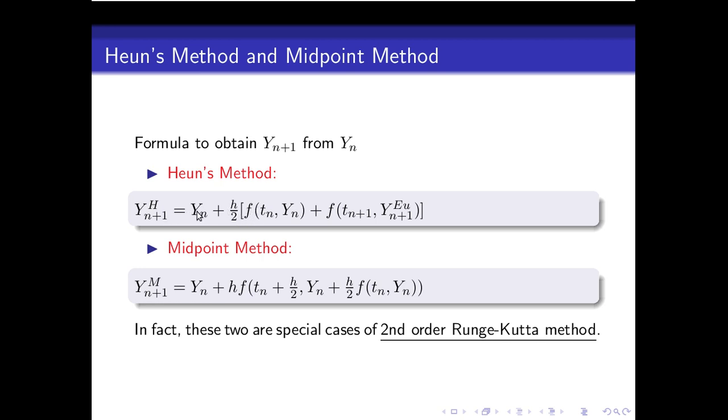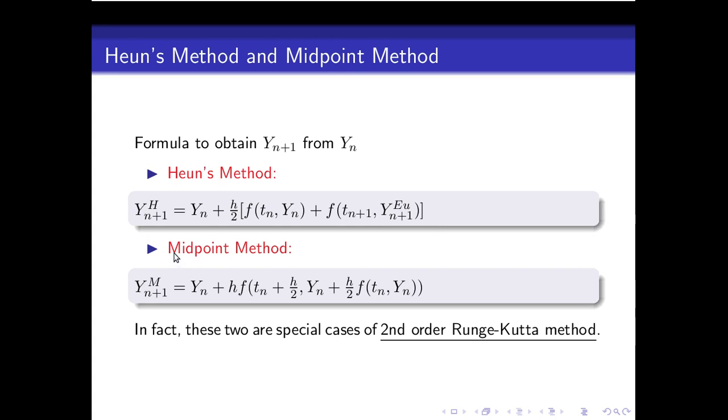So this yn plus 1 is yn plus h into the average slope, one slope plus another slope, divided by 2. The first slope is taken at (tn, yn), the second slope is taken at tn plus 1, that is tn plus h, and yn plus 1 Euler. So this is the general formula for Heun's method.